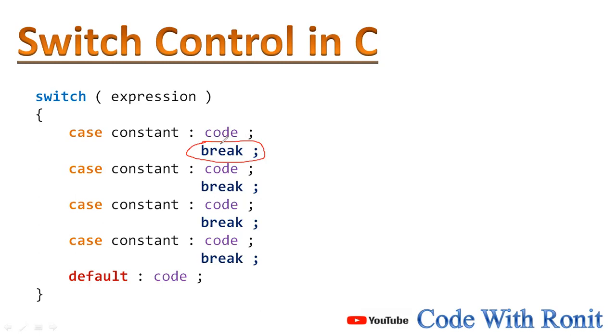So what will it do? Suppose this code is executed because this condition has been matched. Then this break statement will be encountered, and the program control will go here, and this statement will not be run. Okay. And very simple, if none of the cases were matched, then this default statement will be executed.